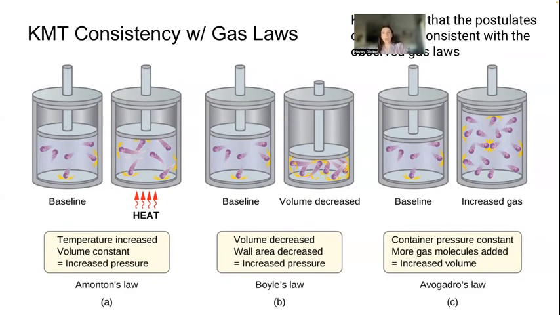So first, let's evaluate the relationship between temperature and pressure. The other day, we said if I increase the temperature of a system with gases in it, they move faster. If they move faster, we just identified that that means they have a higher average kinetic energy.